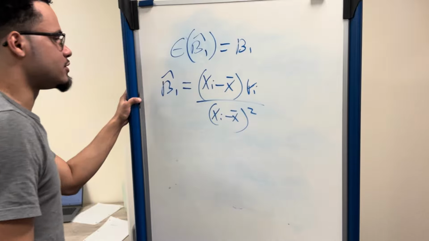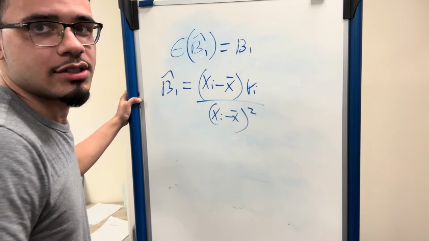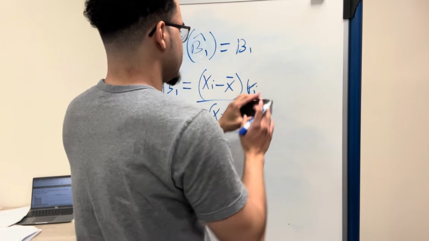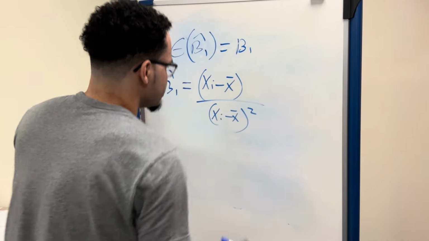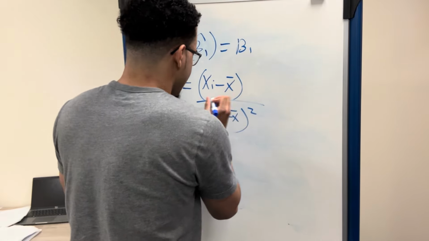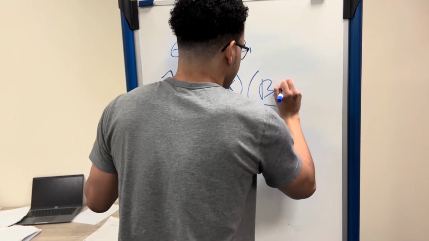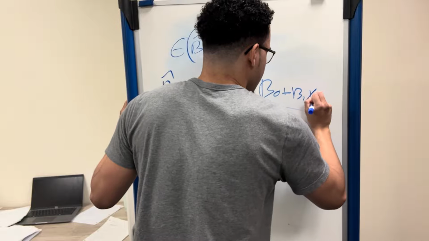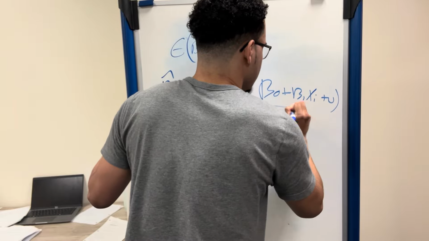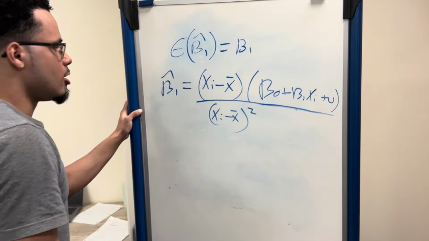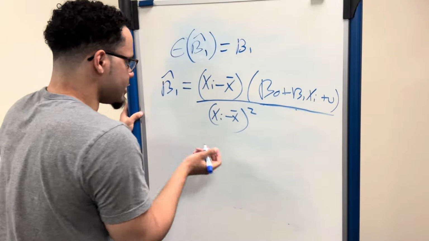And variance here, right? So we want to decompose this into three other terms, in which the yi, as I've established before, is just equal to beta naught plus beta 1 xi plus u, right? So that's yi.